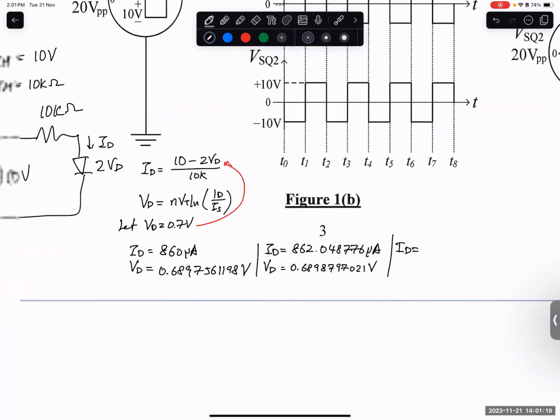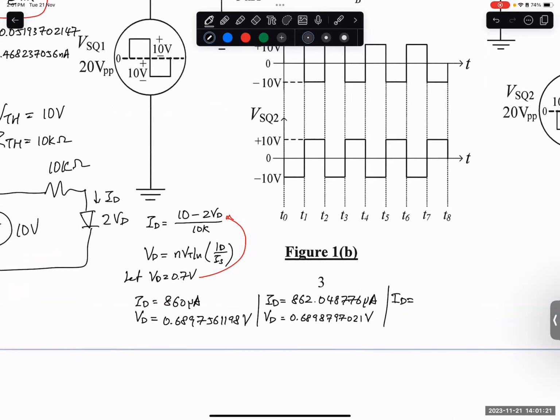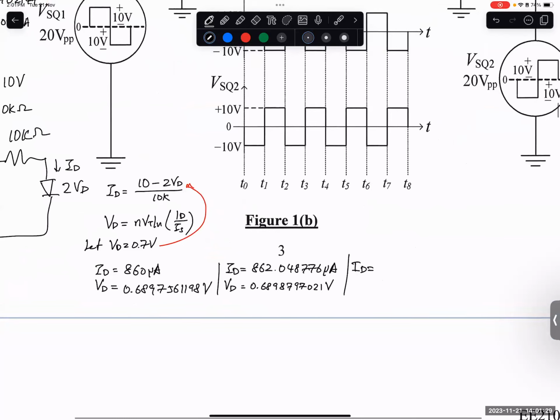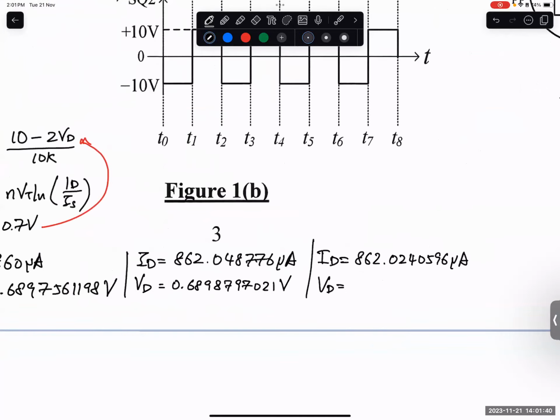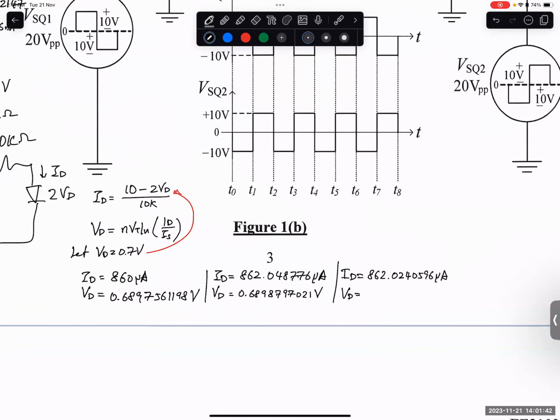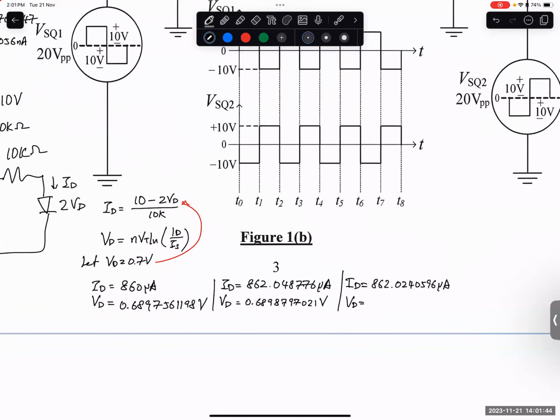This one should be the easiest question, I think. 10 minus 2 times this one divided by 10K. Yes, that's constant. Then VD equals the same thing again: NVT ln of the answer divided by IS.